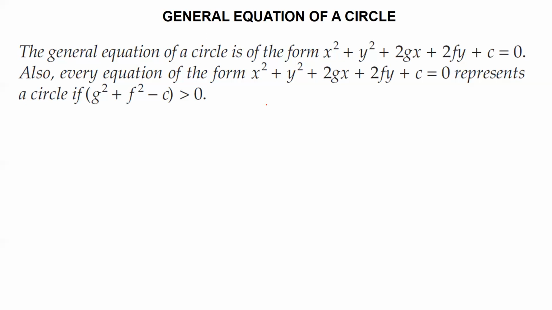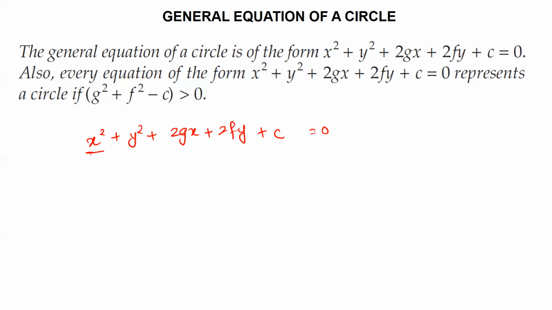So suppose this is the equation x squared plus y squared plus 2gx plus 2fy plus c is equal to 0. Now let me try to write this equation down in the original form, that means x minus h the whole squared plus y minus k the whole squared is equal to r squared. So I'll try to convert this equation into that form. Let's see how to do this.